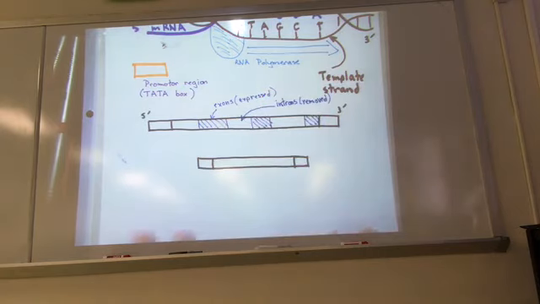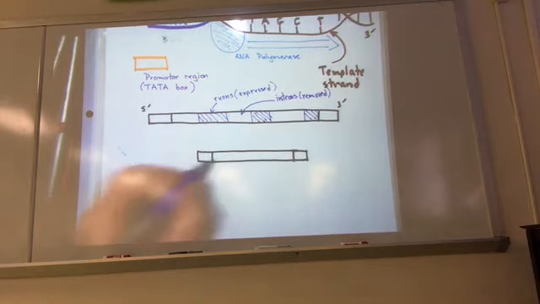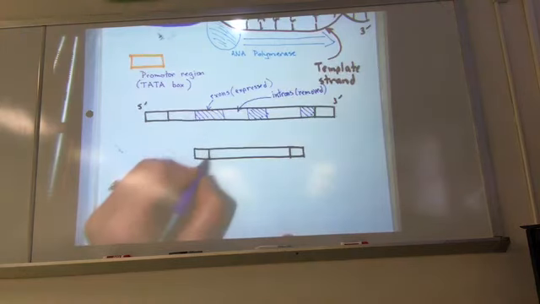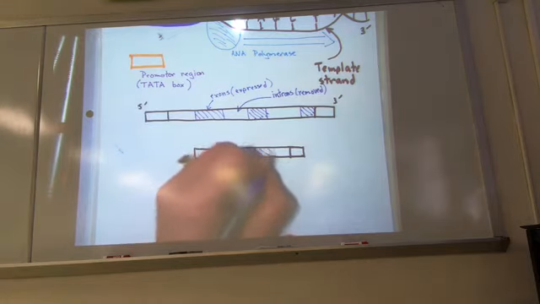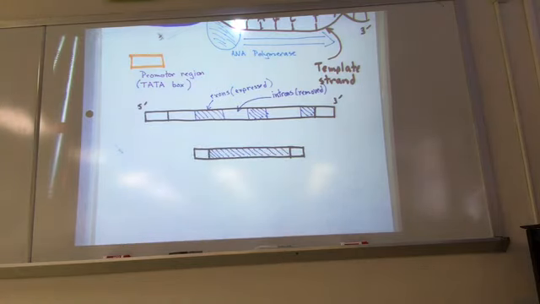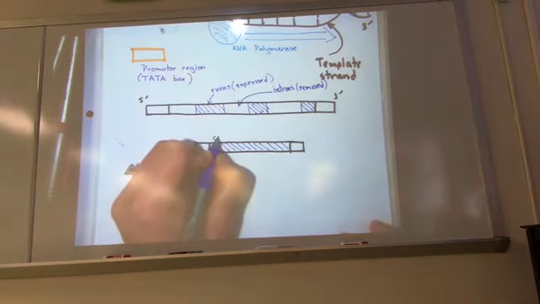So then once the introns are removed, I am left with the exons spliced together. And this is called the coding segment.